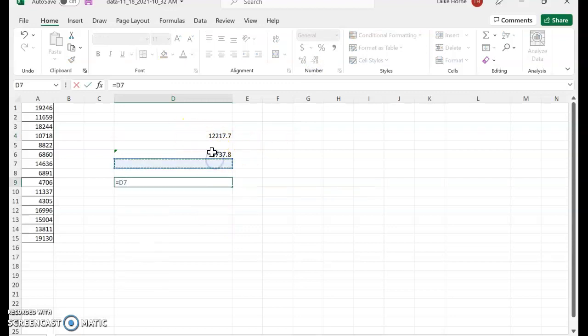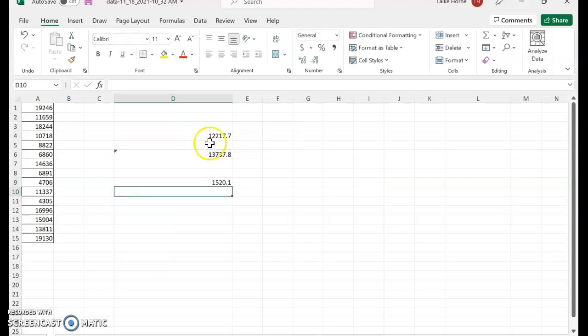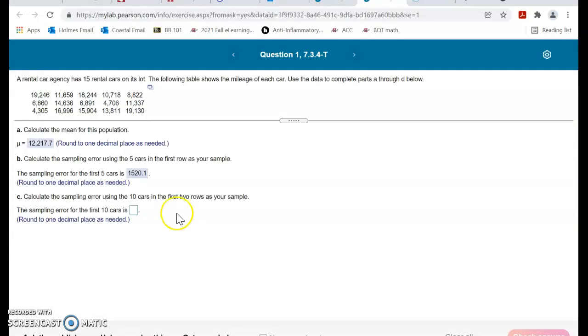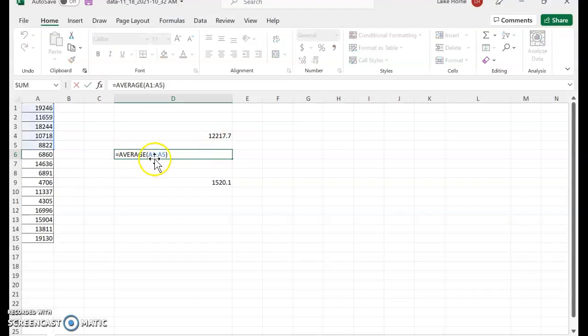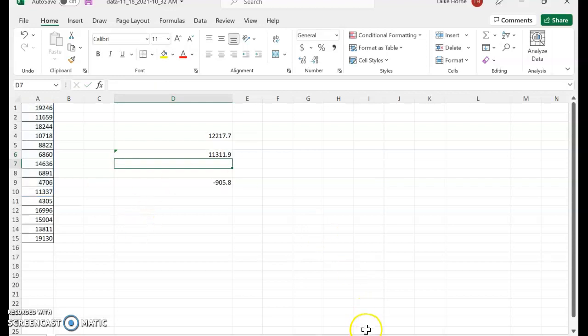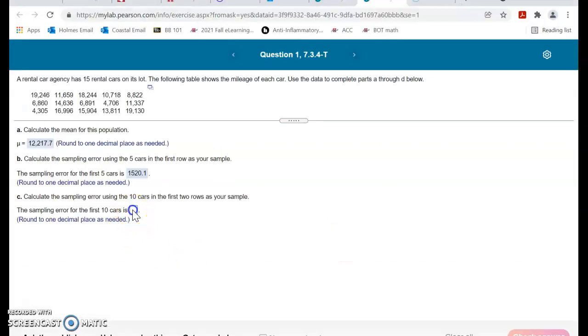The sample mean, which is this number here, minus the population mean. So 1520.1. And then you would do the same thing for the next one, except you would do 10 numbers here. So we would highlight all the way from the first one to number 10. And that would be -90. Let's try that.